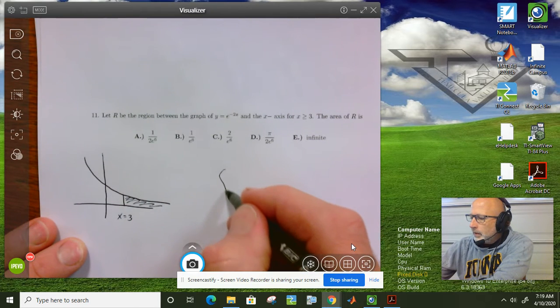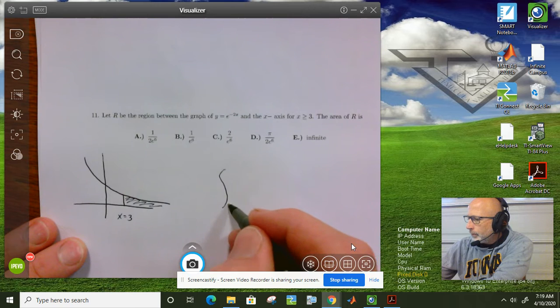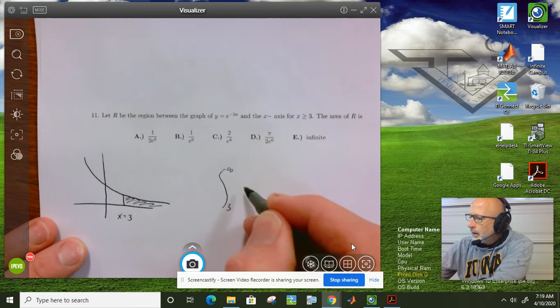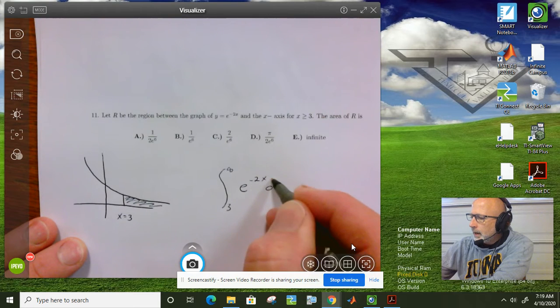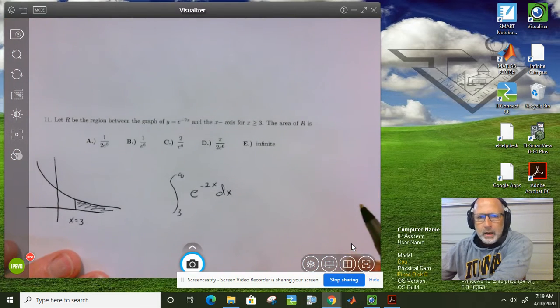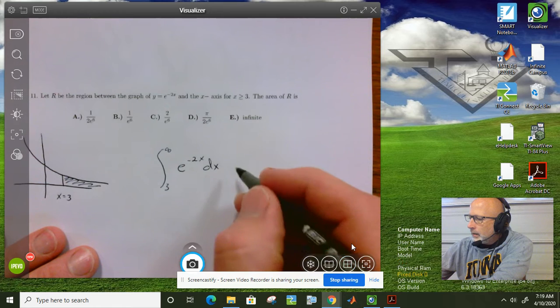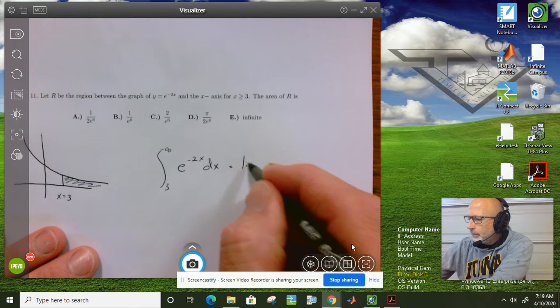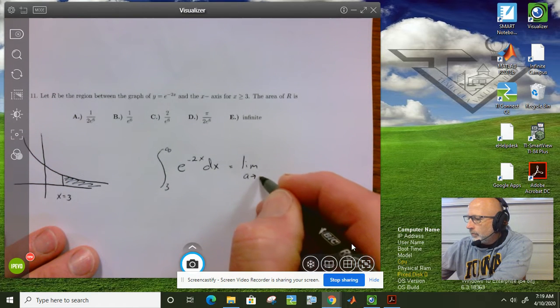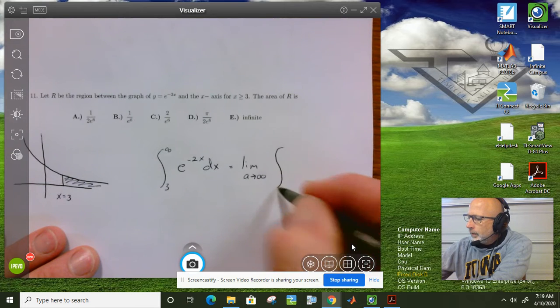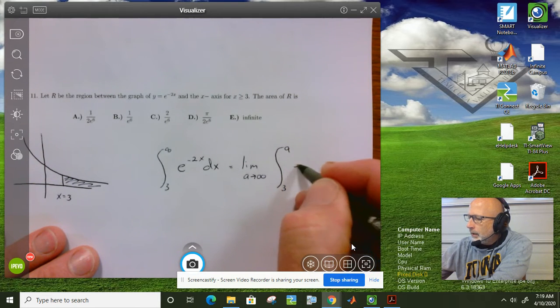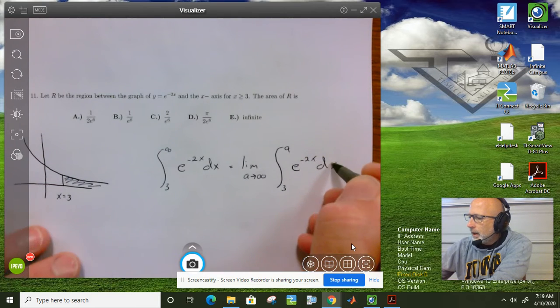So all we need to do is integrate from 3 to infinity of the function e to the negative 2x dx. This is an improper integral, so we need to rewrite it. It's multiple choice, you don't really have to, but I'm just doing it to refresh your memories of how to do it. So you write the limit as a goes to infinity, and we're going from 3 to a of e to the negative 2x dx.